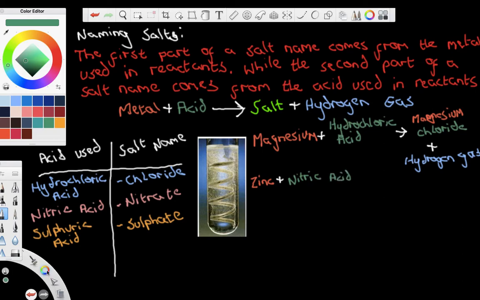This time, rather than producing magnesium chloride, I would produce zinc, because that is the metal I've used, nitrate, because I've used nitric acid. So zinc nitrate. And I would also have on there hydrogen gas. Oh, no, it's not, it's a plus sign. Apologies. Hydrogen gas.